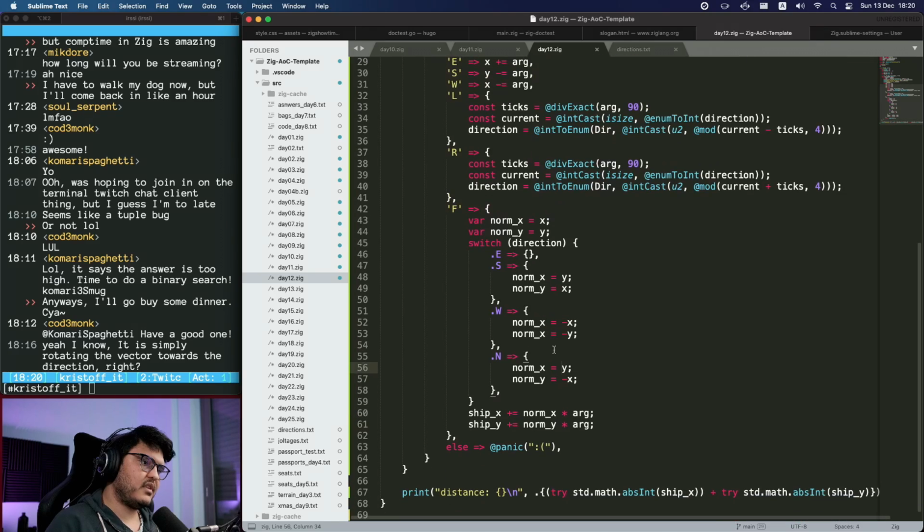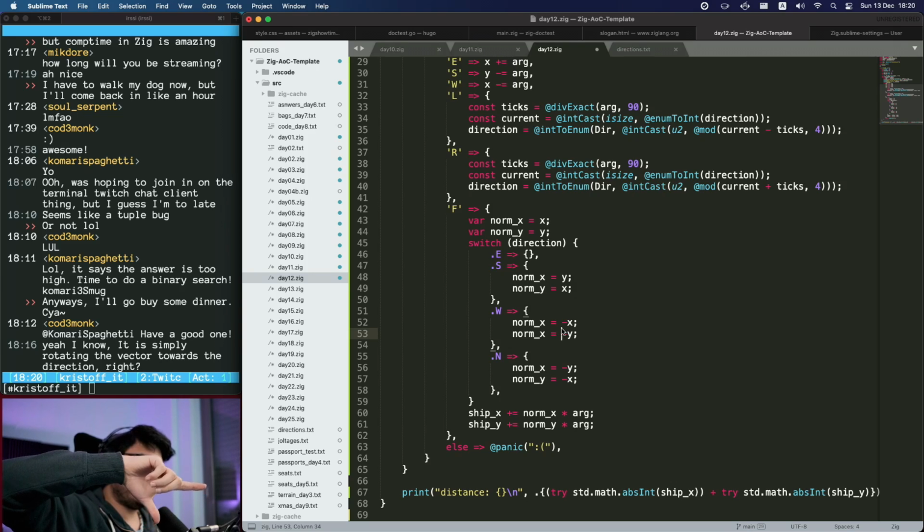So north has to be the opposite of this. It's the same transformation. You swap them, but the signs flip around. Now west. West is the x was actually negative, but the y is unchanged.